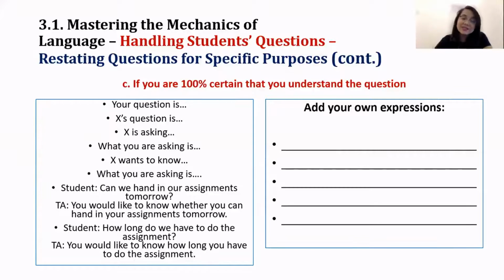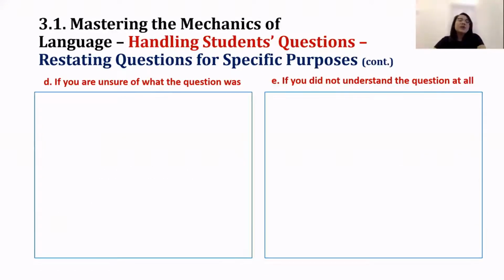Stay on slide 17 if you haven't done it, right? If you're done, let's move on to slide 18. Now, if you are unsure of what the question was, previously, if you are 100% sure, then you can use those phrases. But now, if you are not that certain or sure about the question, repeat after me. Do you mean? And then continue with the question that you want to clarify.